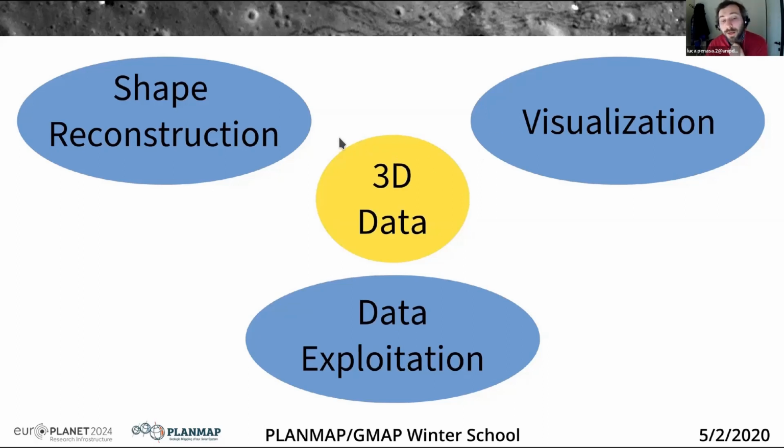The first one is the ability of reconstructing shapes: going out in the field or using data coming from some spacecraft or rovers and building 3D models in your computer, a digital representation of something you are interested in.